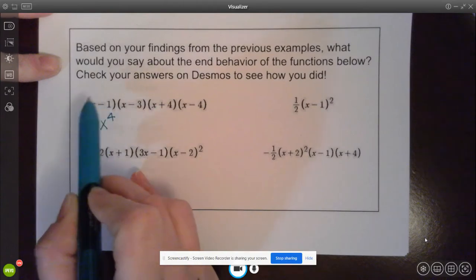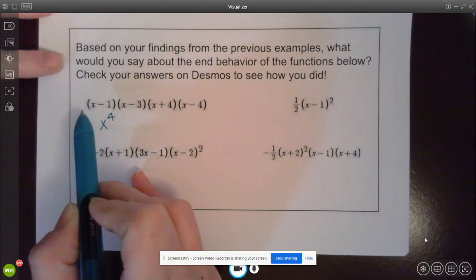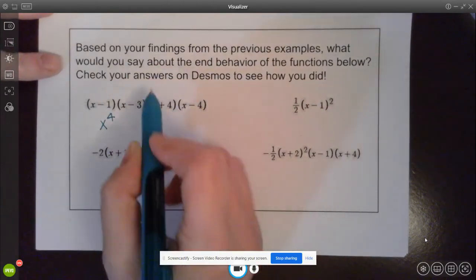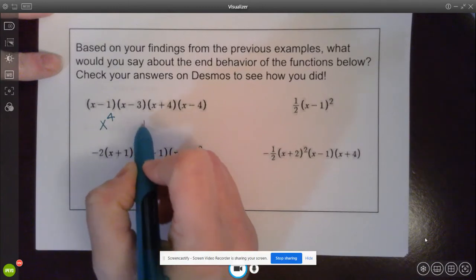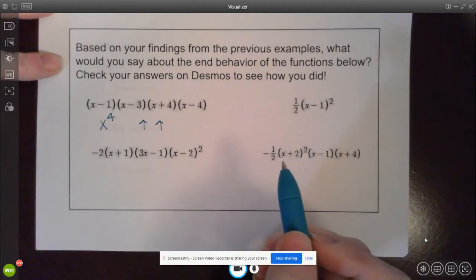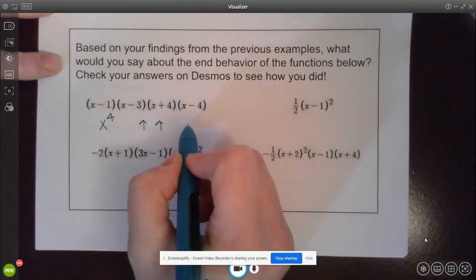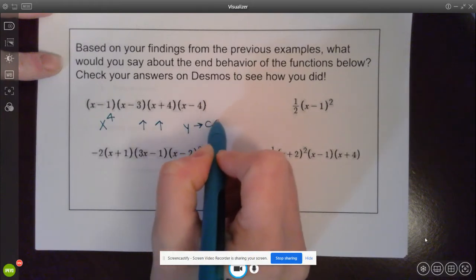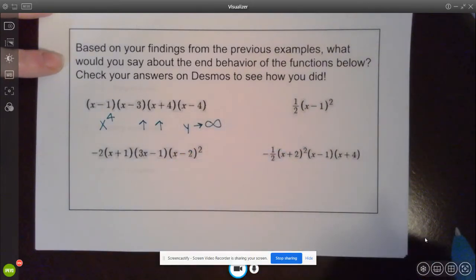And there's no negative sign out here, so I know there's no reflection. So my arrows on the left and on the right are both going to be going up. So in both cases, my y values are going to go to positive infinity.